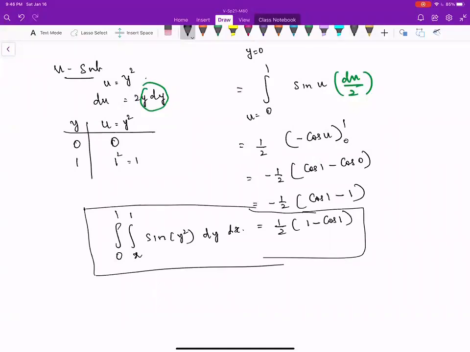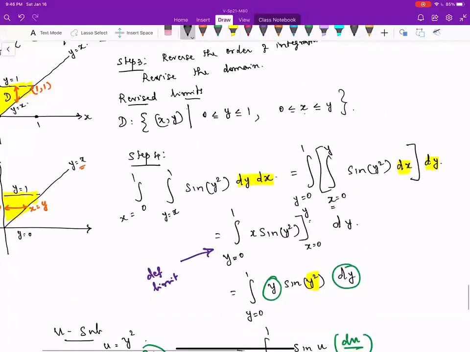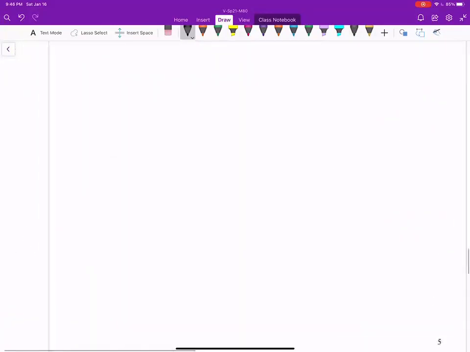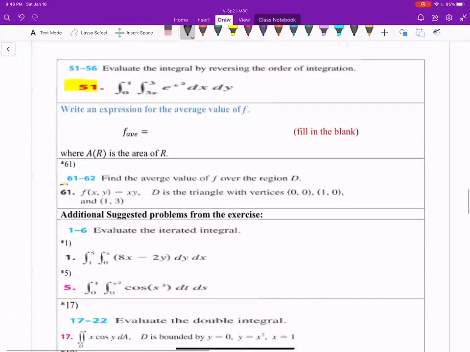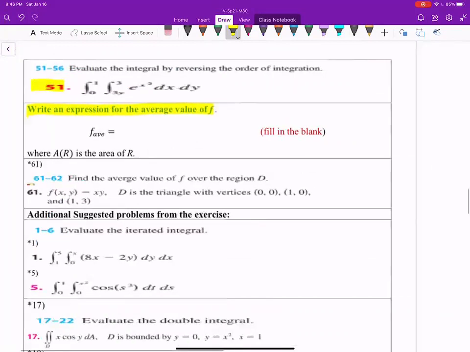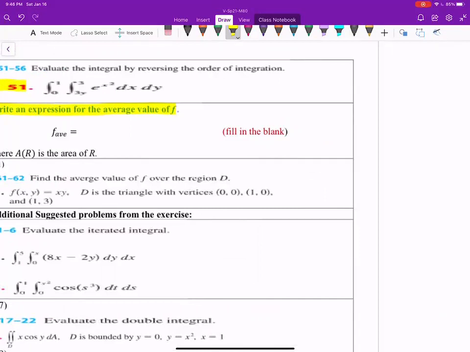Hope this video helps. And also, there is one more concept we have to cover in this section itself, which is average value of a function. This is kind of an extension of an idea that you did in Calculus 1 class. In Calculus 1 class, what you did was in single variable.